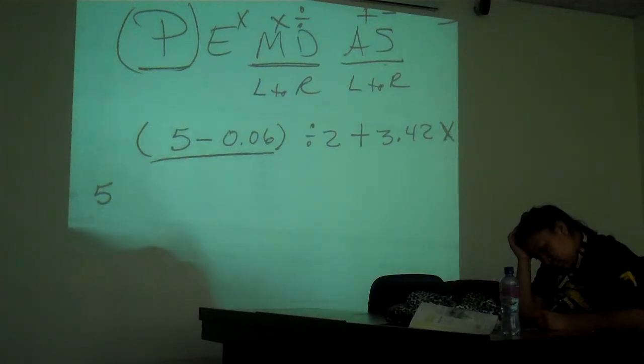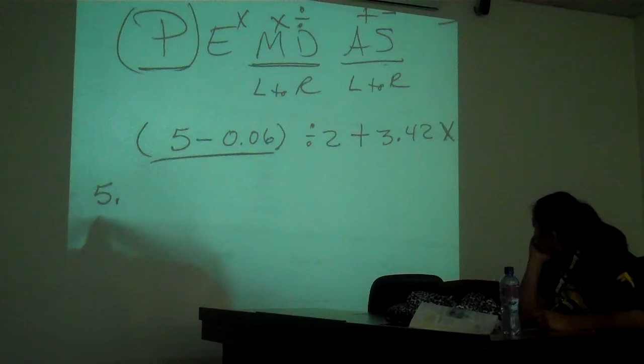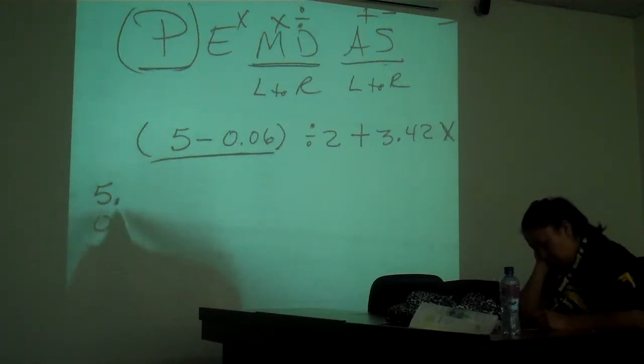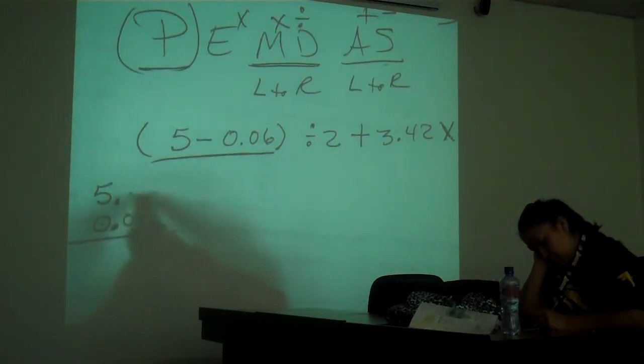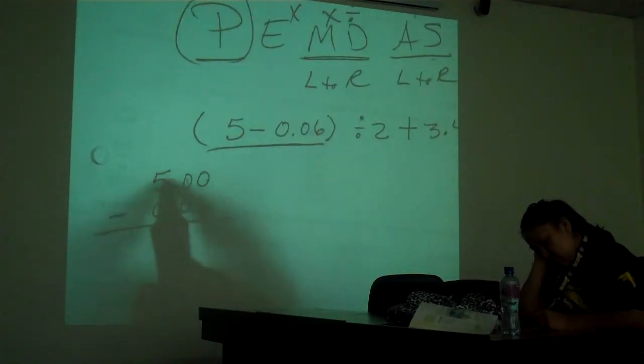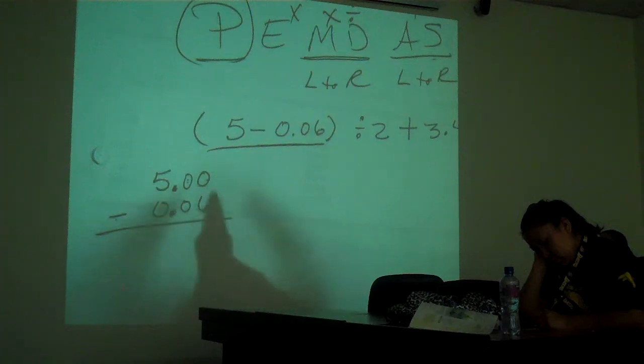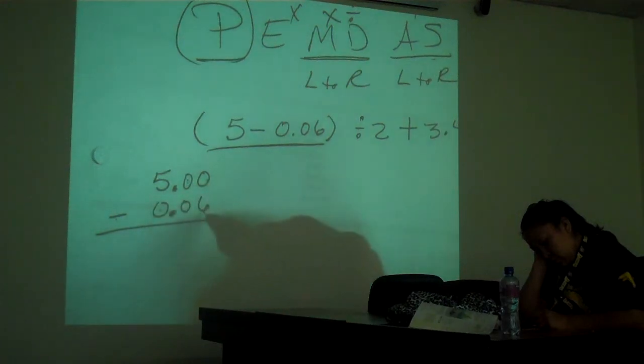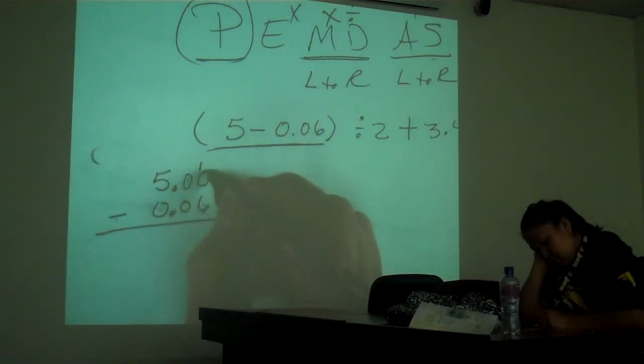5, the decimal is going to be right here, right? 0 point. Add and subtract, you have to line up your decimal. Don't forget to line it up. 0.06. We need something up here to subtract from. Let's make this into zeros. 5 minus 0.06. We have to borrow. You don't just put 6 and 0 here. You have to have something to subtract 6 from.